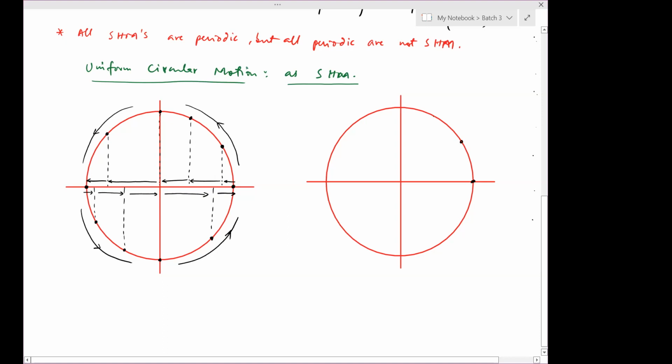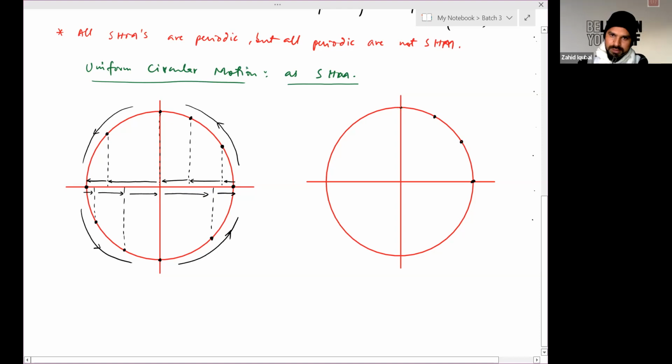Similarly, let me check this particular projection along y-axis.